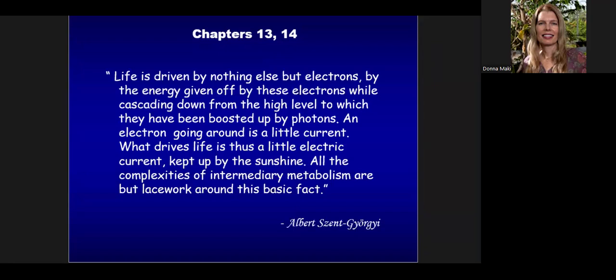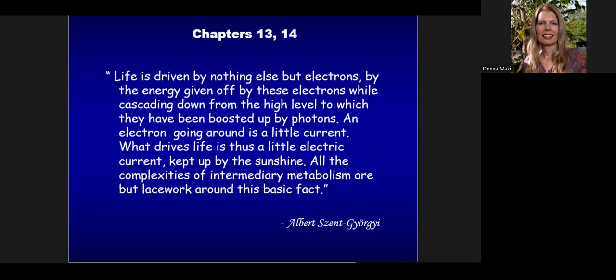There's a nice quote: Life is driven by nothing else but electrons, by the energy given off by these electrons while cascading down from the high level to which they have been boosted up by photons. An electron going around is a little current. What drives life is thus a little electric current kept up by the sunshine.